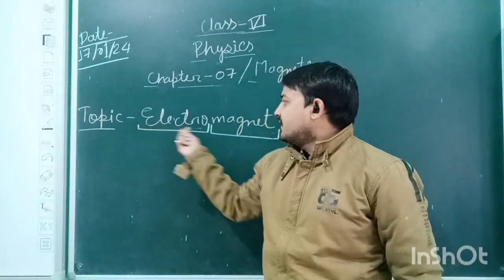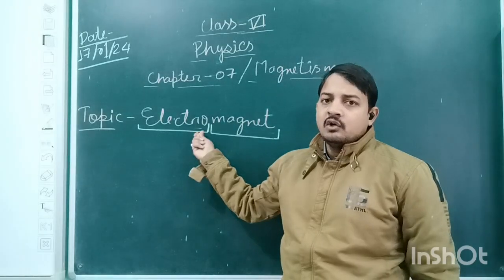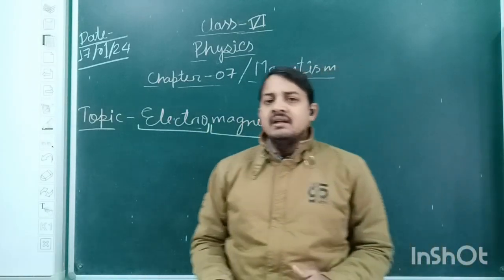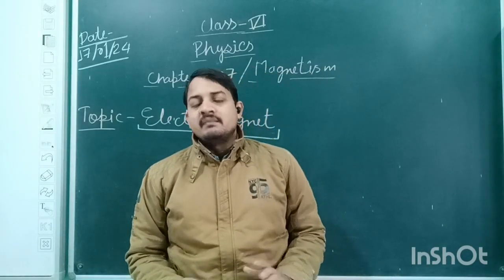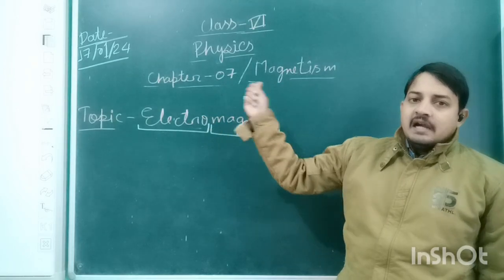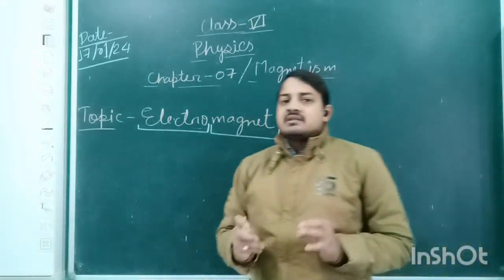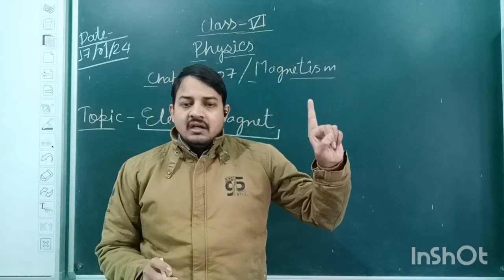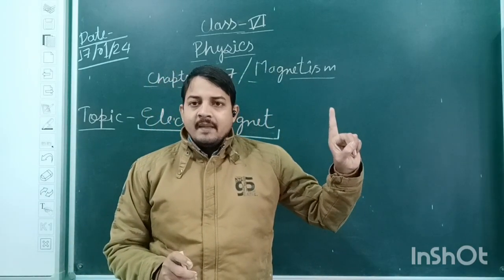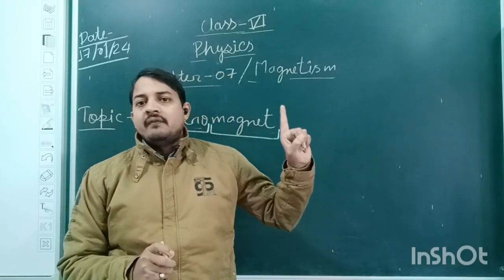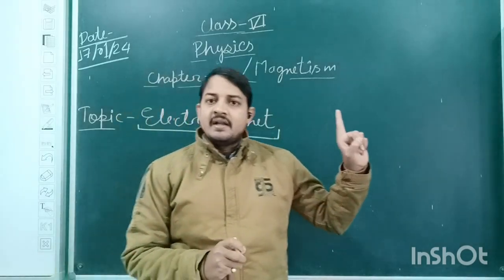See, from the name itself it is very clear that electro means electricity, and magnet means all the substances which attract ferromagnetic substances as well as magnets also. If we have to make an electromagnet, certain components are required. The first component is any conducting material, in this case a soft iron bar or soft iron core.